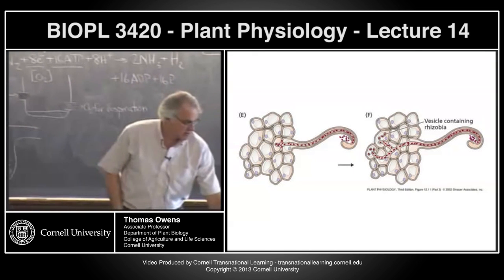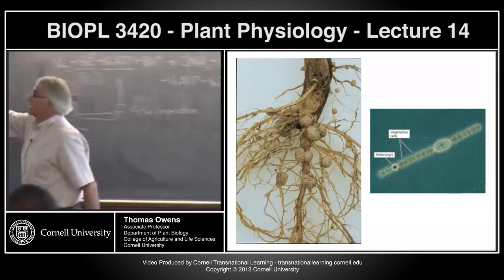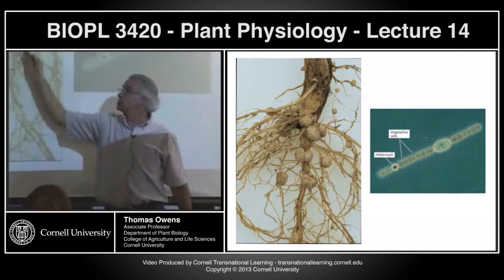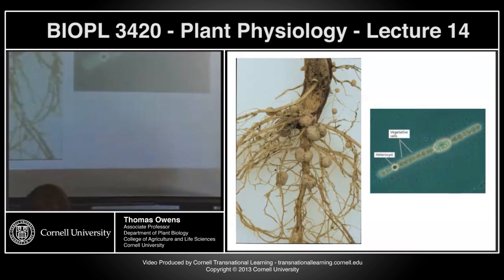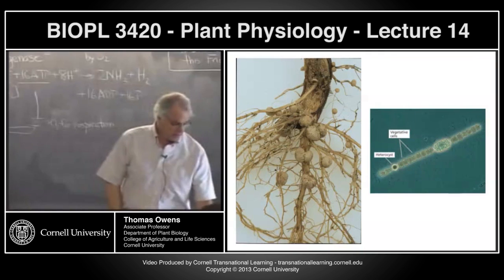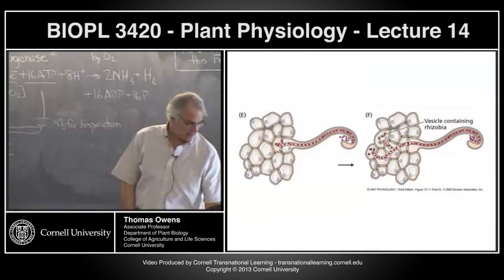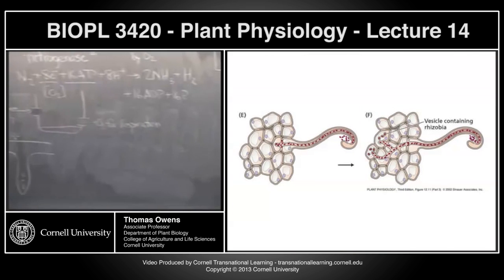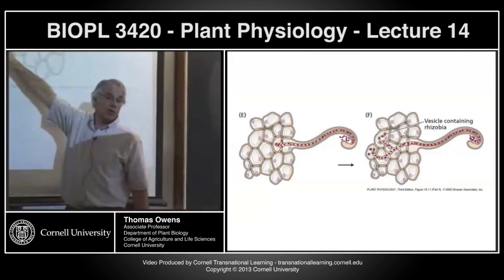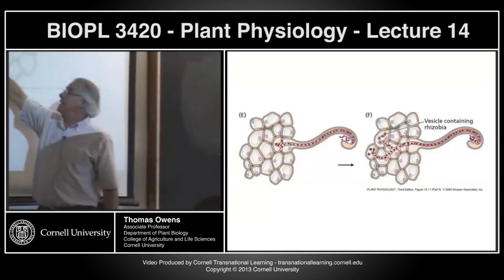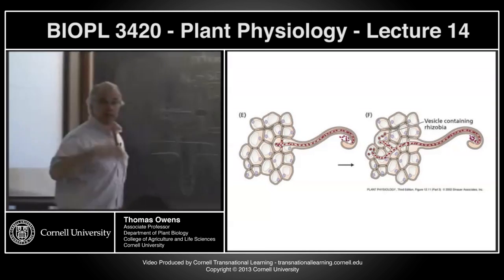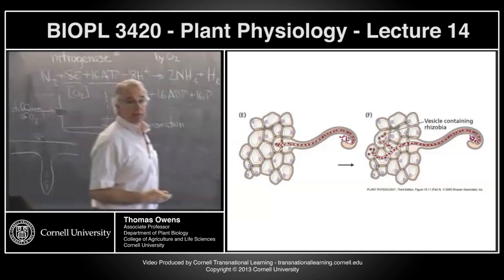Those cells are the cells that give rise to these nodular structures. The cells in those nodules are filled with little vesicles that contain one or more of these bacteria. And within these vesicles is where the symbiosis is happening.